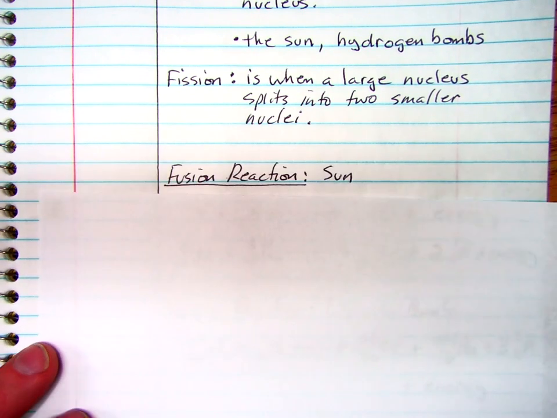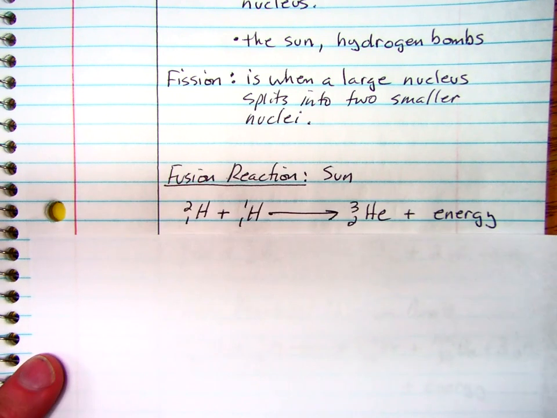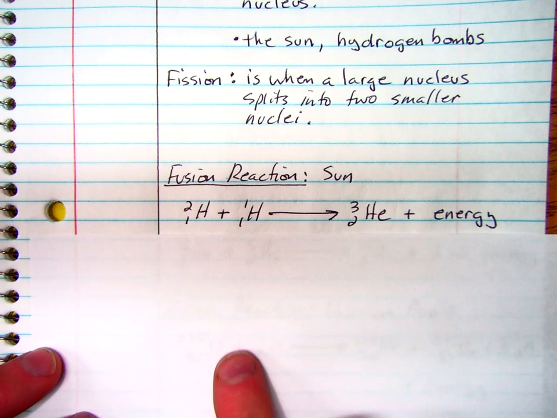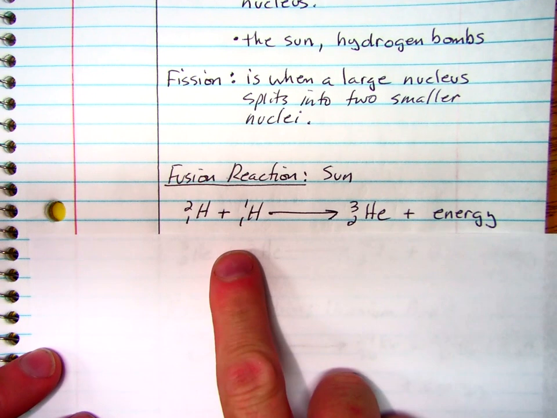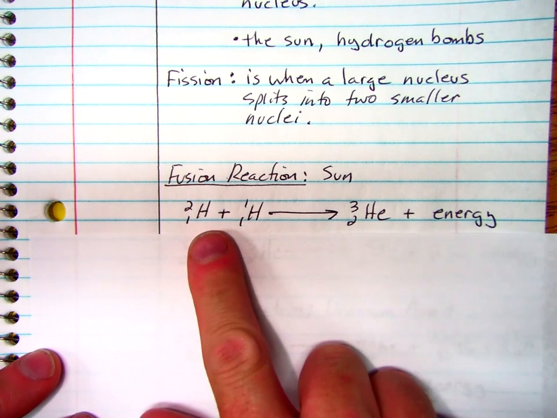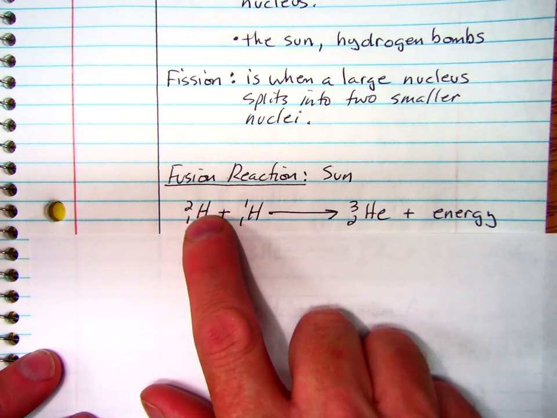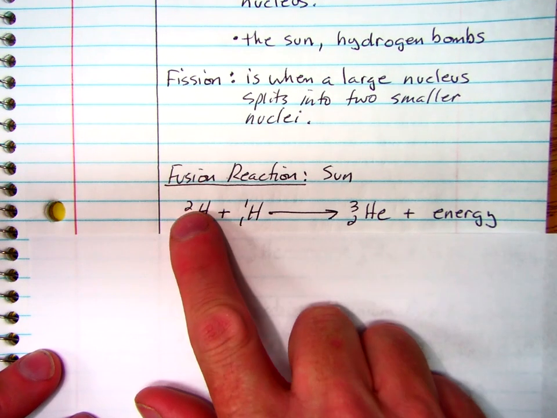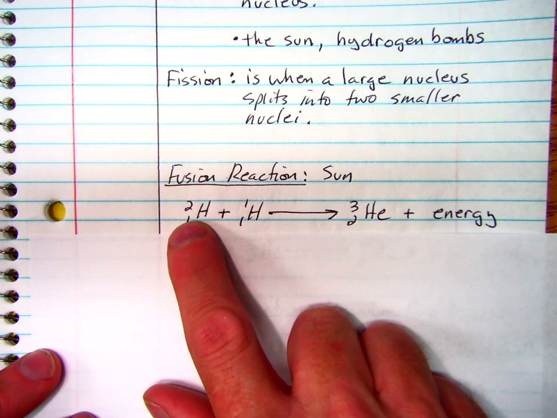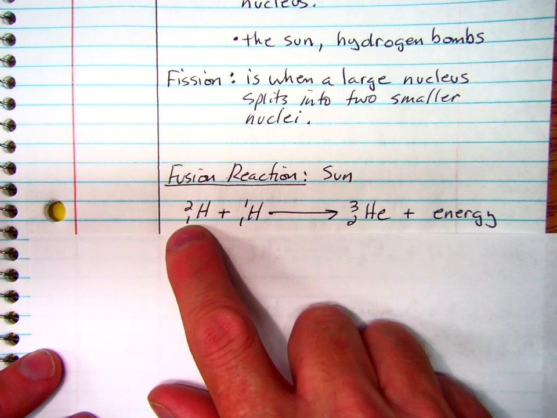So, a fusion reaction for the Sun, here's an example. You should be able to read this. This is radioactive atomic notation that we learned last time. Here is a hydrogen isotope. It's hydrogen 2. It has 2 nucleons, atomic mass 2, and it has 1 proton.